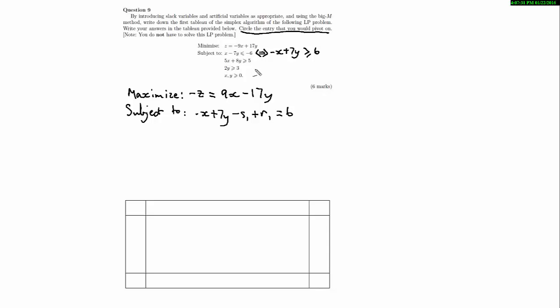And now to rewrite our second constraint, so we have 5x plus 8y minus s2, which is our second slack variable, plus r2 equals 5. And finally, our third constraint rewritten is 2y minus s3 plus r3 equals 3.